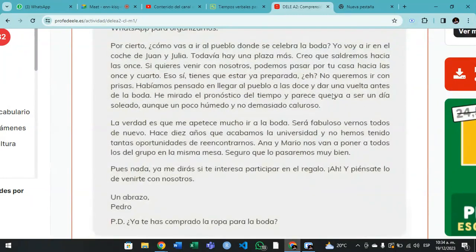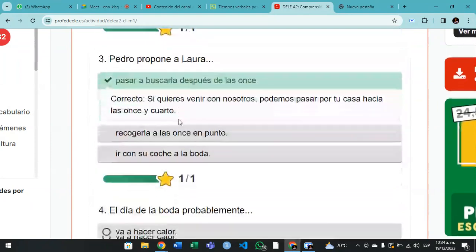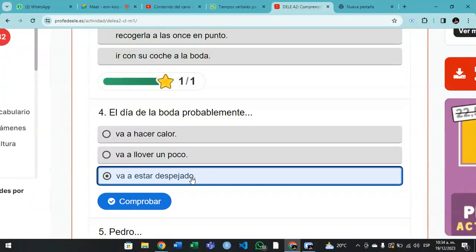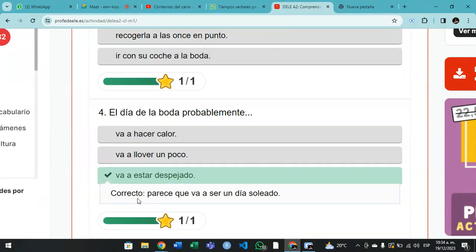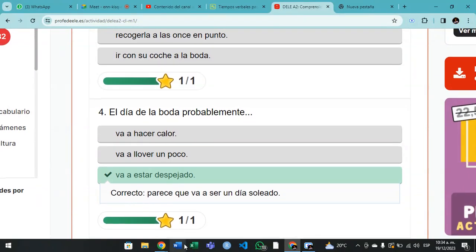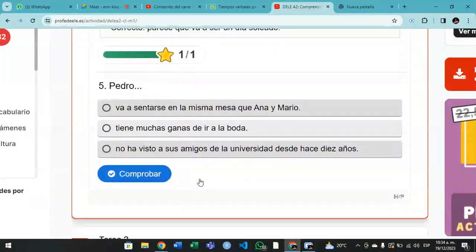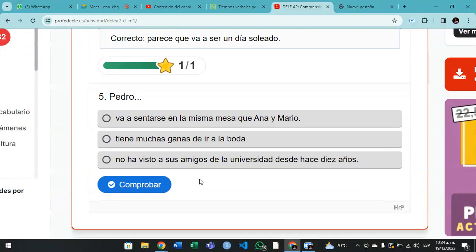But this one here says "parece que va a ser un día soleado." So sunny is kind of the same as the weather being clear. Oh, okay.